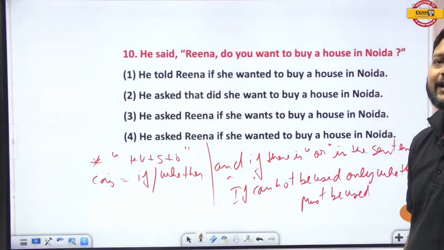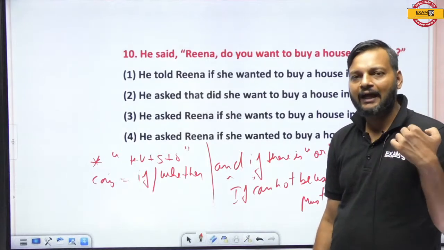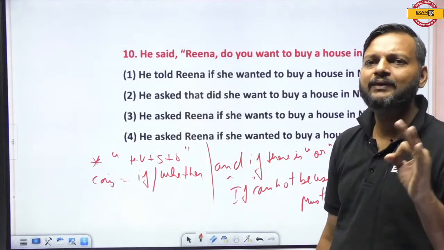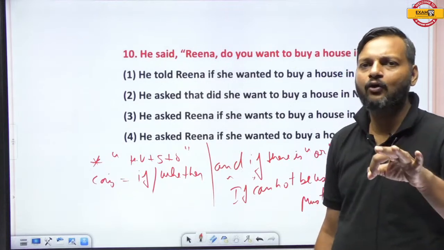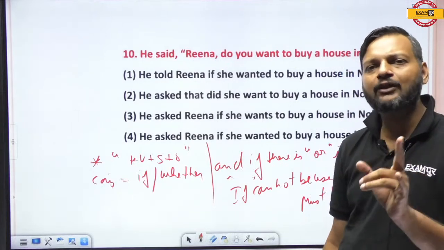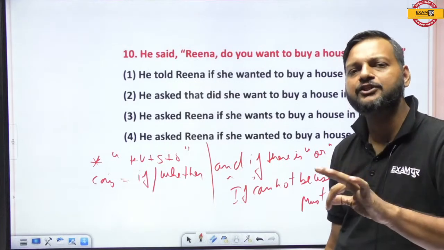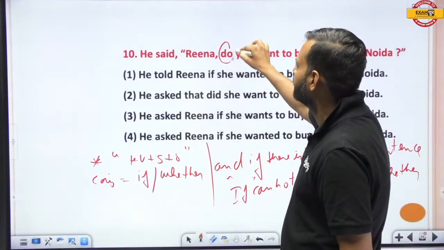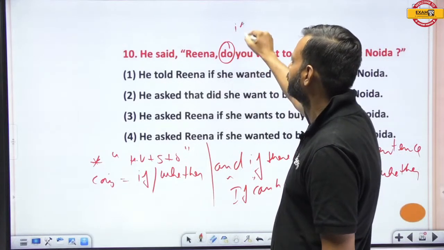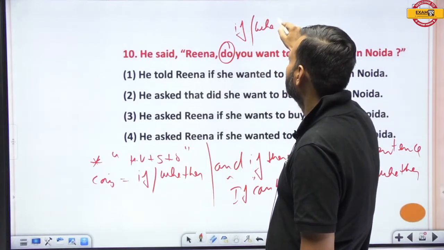Okay, so if a direct speech starts with helping verb, the conjunction would be if or whether, and if there is or in the sentence, you cannot use if. In that condition, only whether must be used. So here the sentence starts with helping verb, so the conjunction would be if or whether.